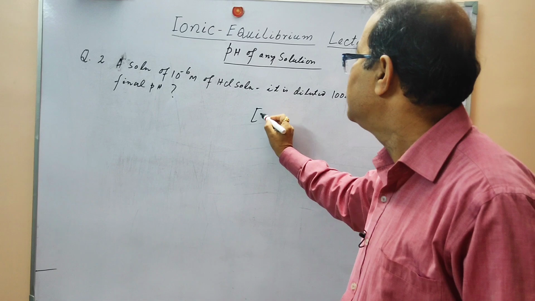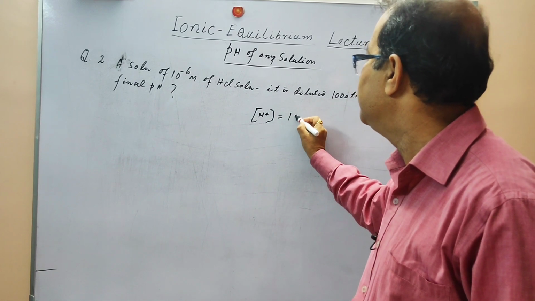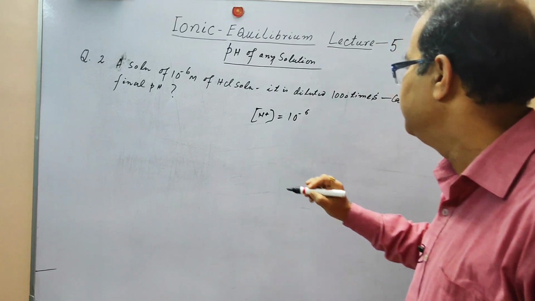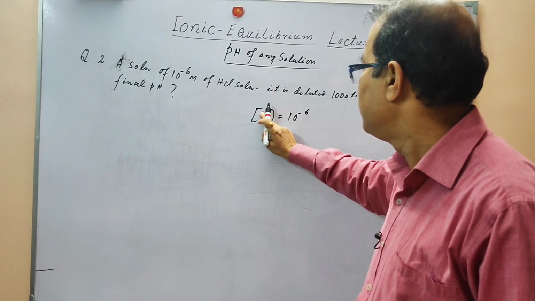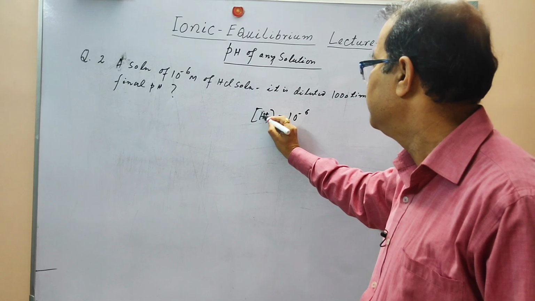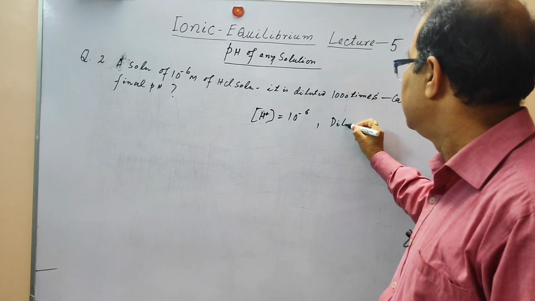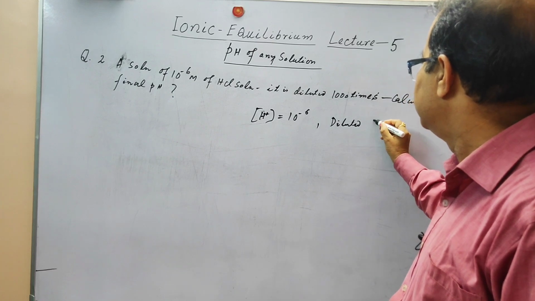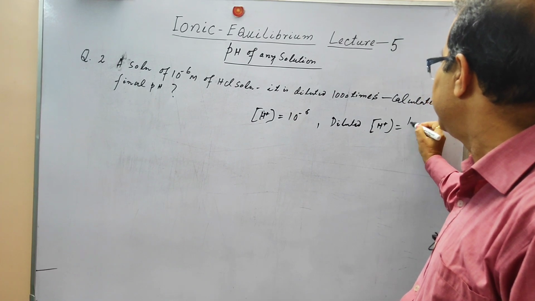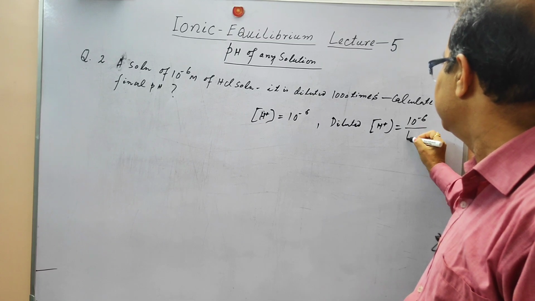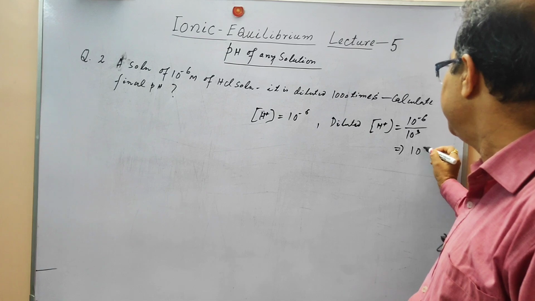The molar concentration of H plus ion initially was 10 to the power minus 6. When diluted, the H plus ion concentration will now be 10 to the power minus 6 by 1000, and this will be 10 to the power minus 9.